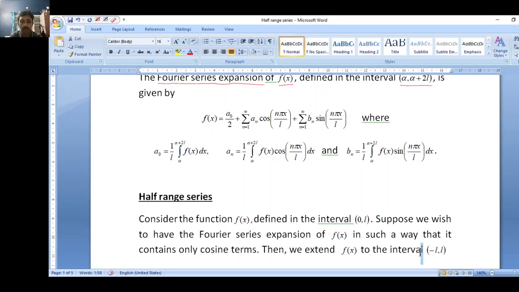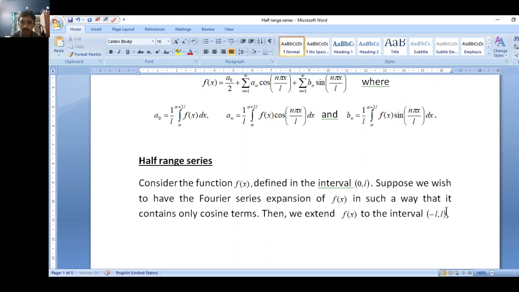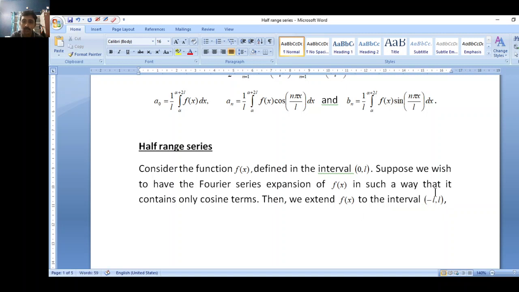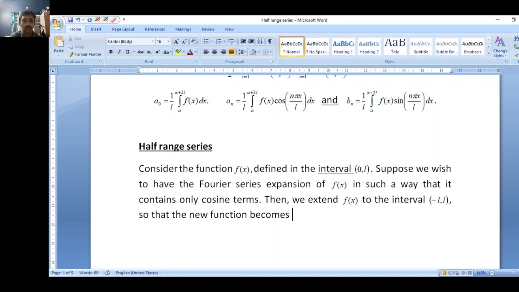Okay, and because we are extending it to a new interval minus l comma l, we have the liberty to define the function in the other part of the new interval, which is from minus l to 0. So we extend f of x to the interval minus l comma l so that the new function becomes an even function in minus l comma l.